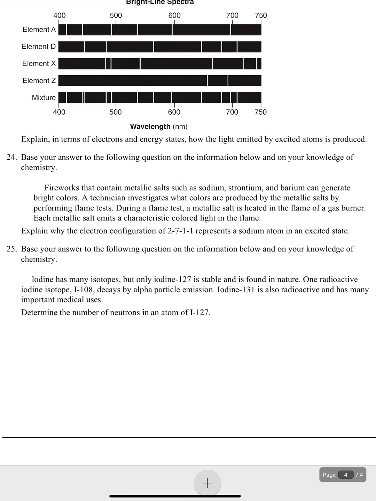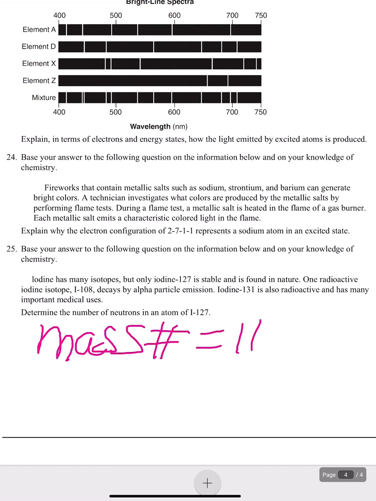And number 25. This one pertains to a formula that we are not going to have on the day of the Regents. We are not going to have this on our reference table, so we do need to remember it. Mass number is equal to number of protons plus number of neutrons.